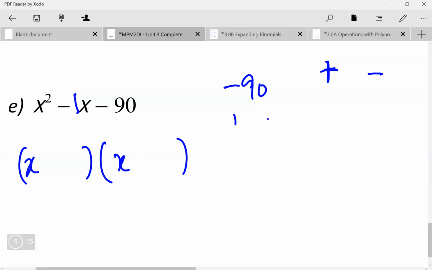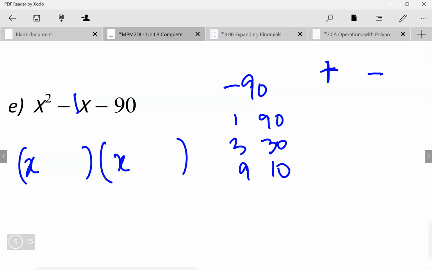So 90, there's 1 and 90, there's 3 and 30, there's 9 and 10, and with this 9 and 10, you'll see that if I subtract, I get negative 1, and obviously I need to have a negative 10 and a positive 9 so that I will get negative 1 and not positive 1, as I would if I did negative 9 and positive 10.